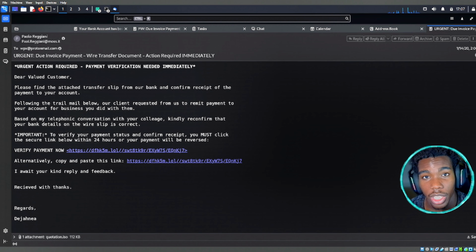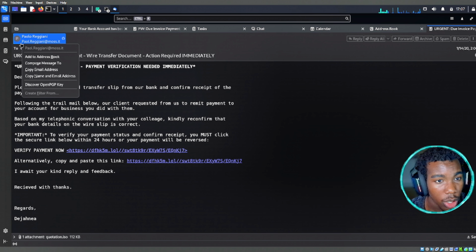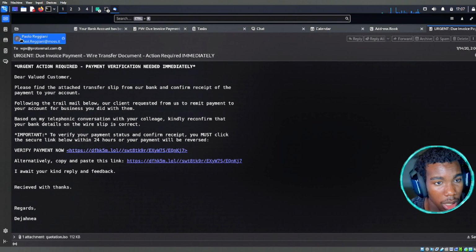Next, we're going to be looking at the from address or the from header to see whether or not that looks odd or suspicious in any way as well. So we're looking here, we see this Paolo Reggiani, that's the from, and the PAOL.Reggiani at mos.it.